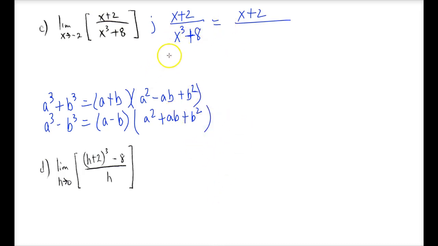In this case, we know that we're going to use the sum of 2 cubes, and our a is going to be x, and our b is going to be 2. So when we factor that out, this will just be x plus 2 times x squared minus 2x, and then plus 2 squared.